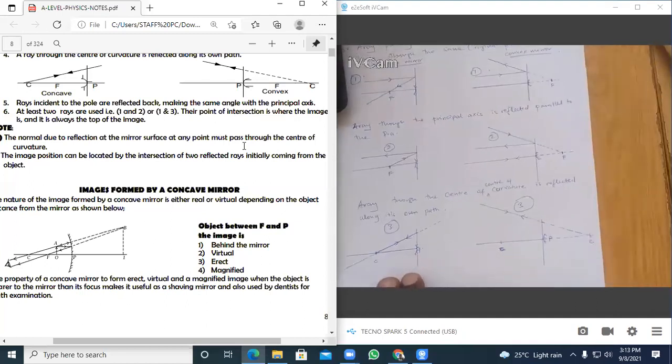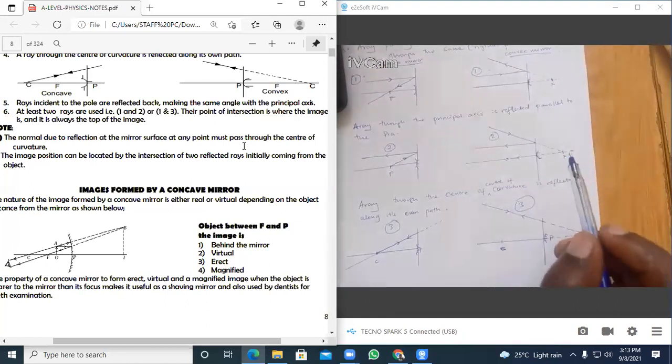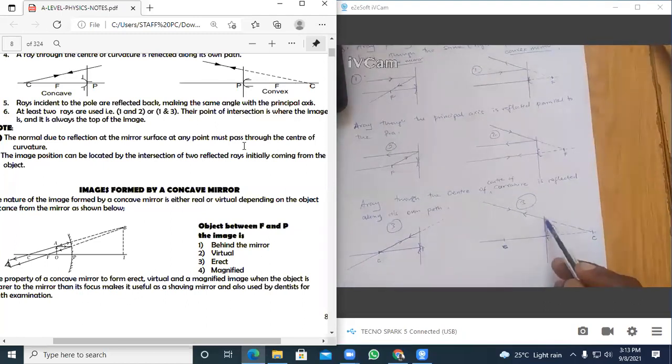Here, what they are saying is that, for instance, if you look at this number 3 here, it means that at this point the ray is touching at 90 degrees. So it is incident on the mirror surface normally.